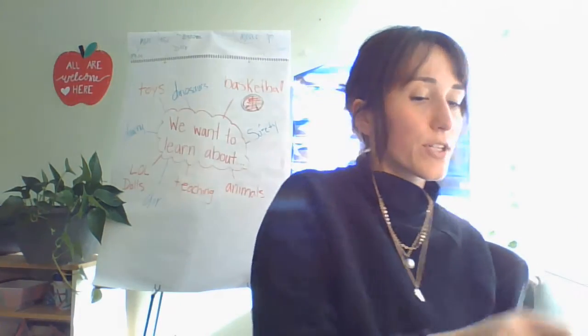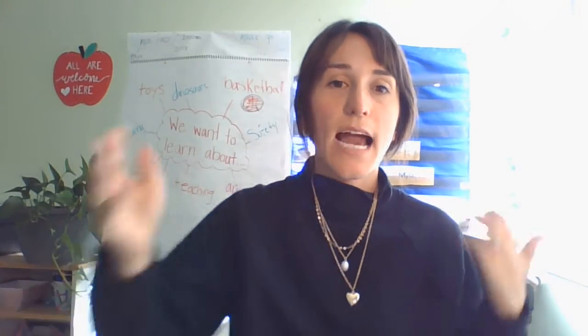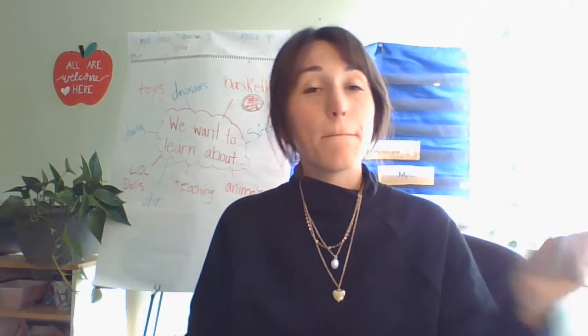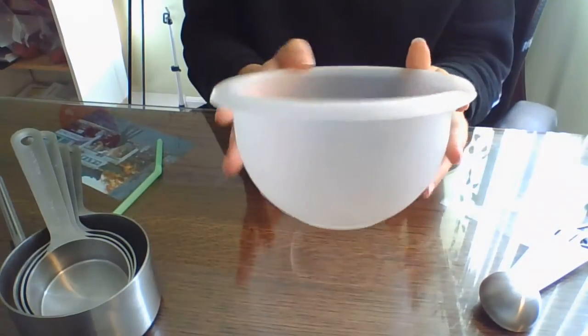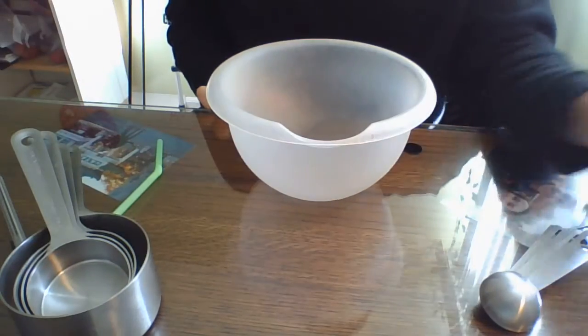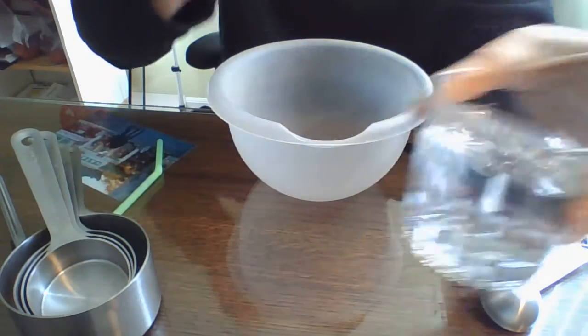All right, so first let's look at what materials Miss Roth has, and you're going to tell me how we can use those materials to make bubbles. All right, here's what we have. Tell me what you see. We have a bowl, letter B. We have a glass of water.